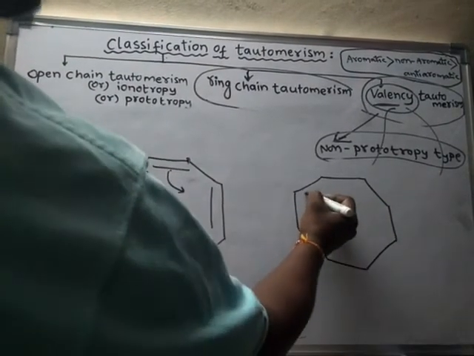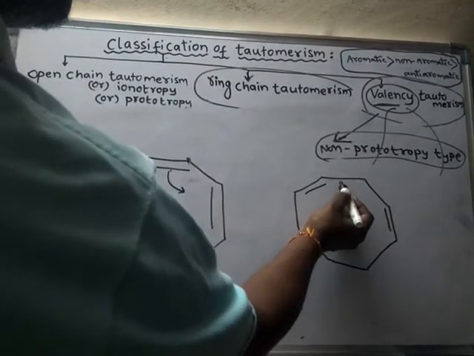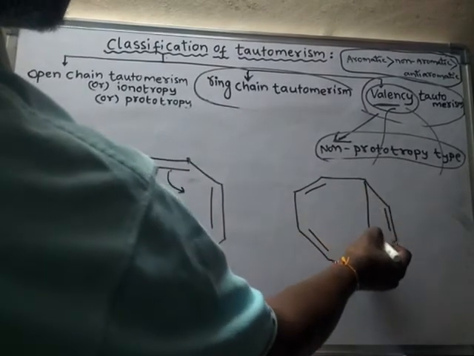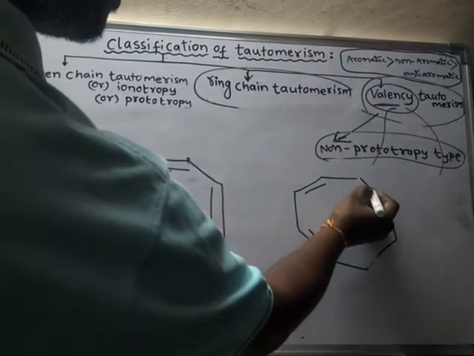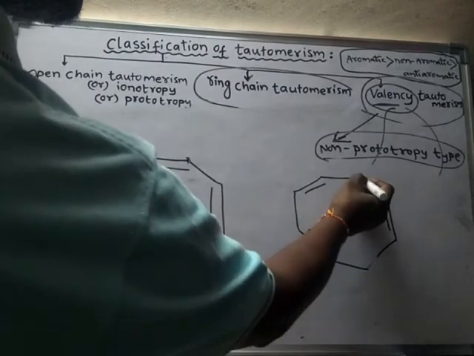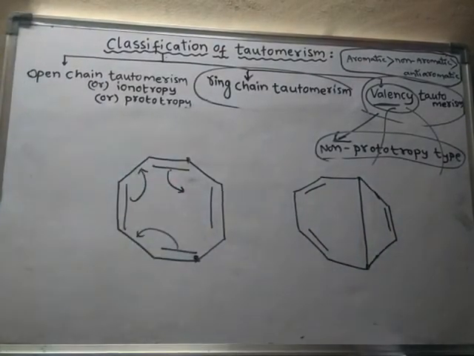Bond is formed here, bond is formed here. Already here there is a bond, and this pi bond is shifted between these two carbon atoms. So like this, a new compound is formed.